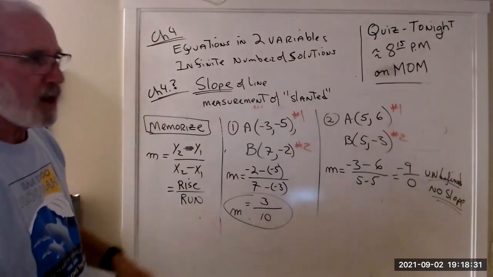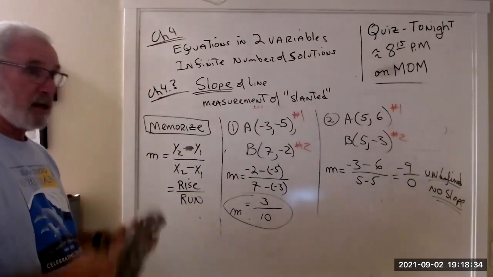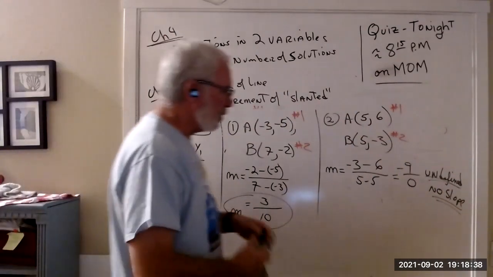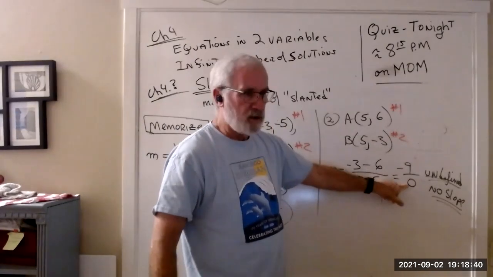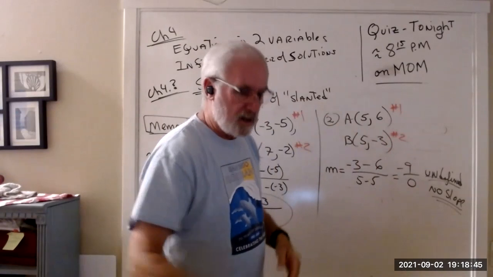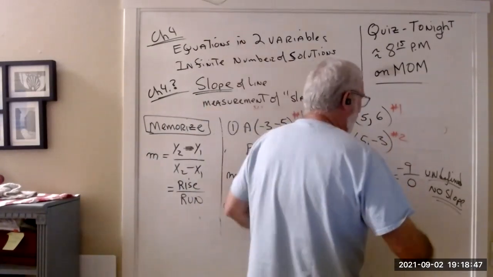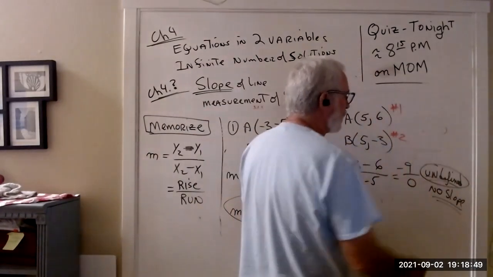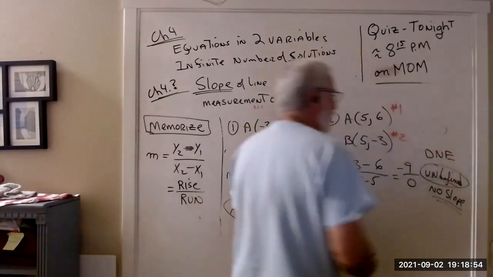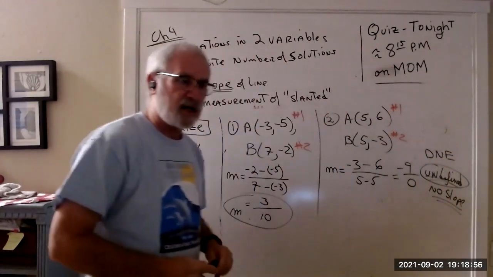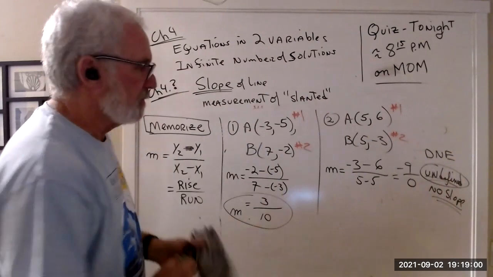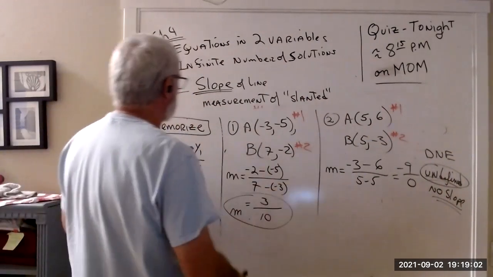We talked way back in chapter 1, and that might show up tonight on the quiz. A 0 in the denominator means your fraction is undefined. Now, the correct math is to say undefined. Mom wanted you to write DNE, does not exist, but the concept is still undefined.